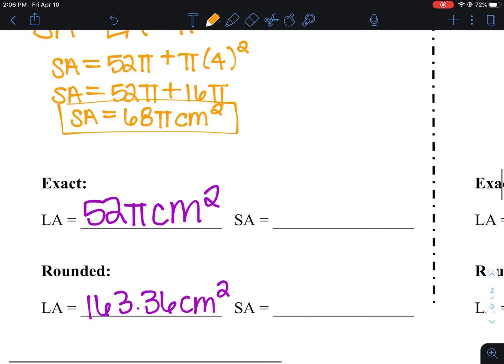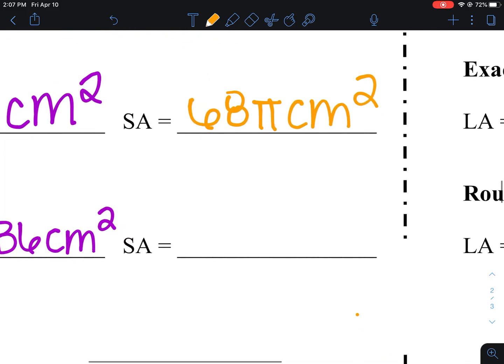So the exact surface area is 68 pi centimeters squared. And if we want to find what that is rounded, just do 68 pi in your calculator, and that's 213.63, right? It's 628, so that 8 would make that 2, round up to a 3, centimeters squared.